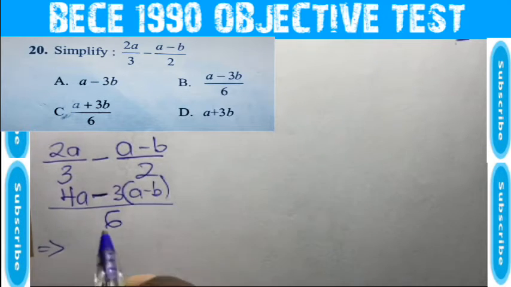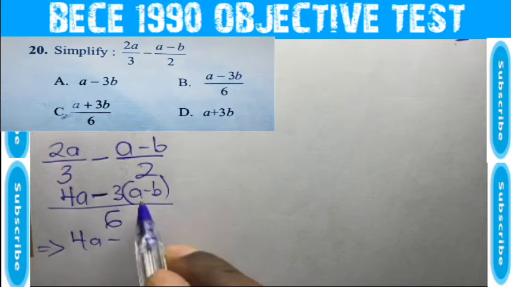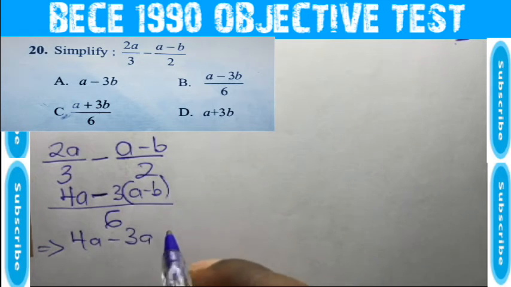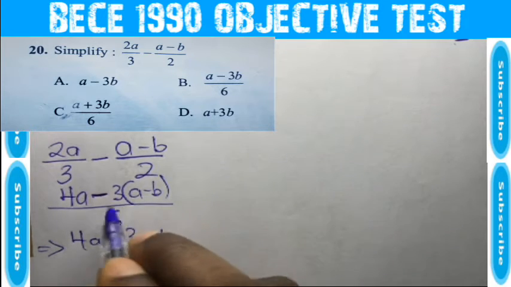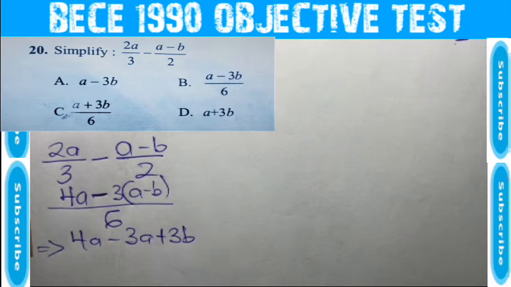So if we proceed, we have 4A minus, -3 multiplies A, we have -3A. Then negative times negative gives you positive 3B. So 3 multiplies B, you have 3B. All right, out of 6. That's what we have right now.